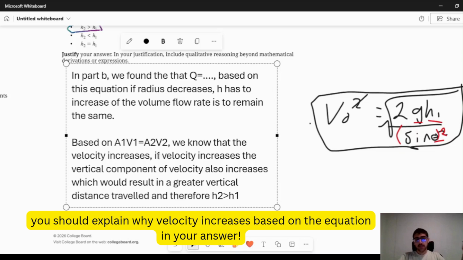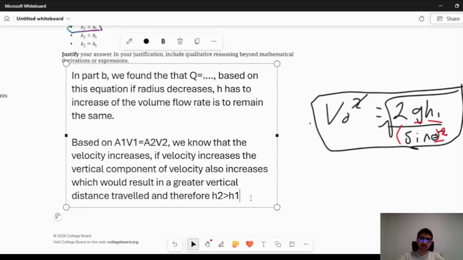Then we say, because velocity increases, the vertical component of velocity also increases, and a greater vertical component of velocity would result in a greater vertical distance traveled, and therefore h2 is greater than h1. You see how this one is a bit better because we have an equation, but there's a lot of qualitative reasoning as well. So it's just a safer option to choose if you're trying to get all your points.